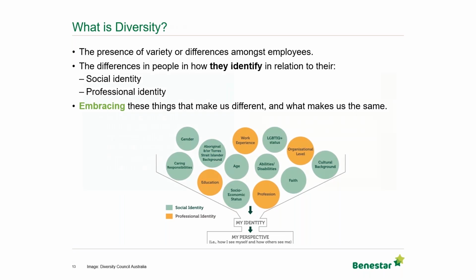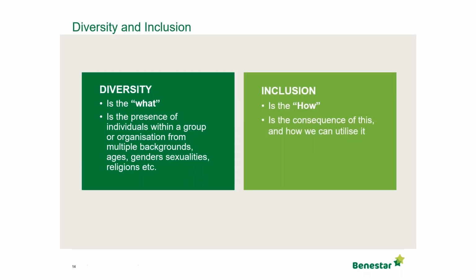Now we're going to have a little bit of a look at the what and the how. So diversity and inclusion, as I said, thinking of diversity as the what. This is the presence of individuals within a group or organisation from multiple backgrounds, ages, genders, sexualities, religions, etc. Inclusion is how. So this is the consequences of how we utilise this within our workplace.